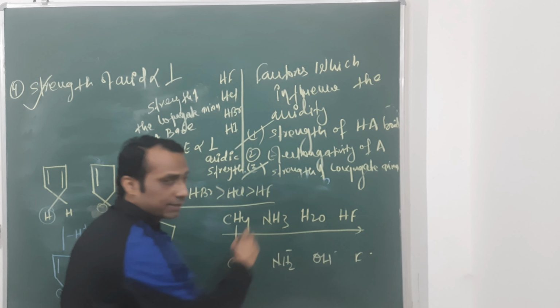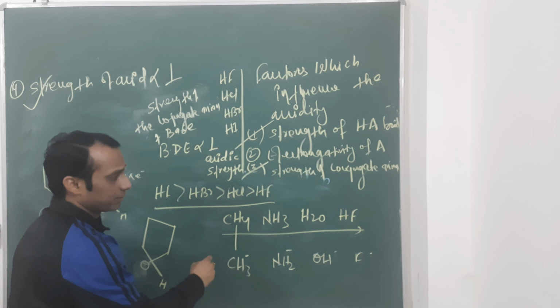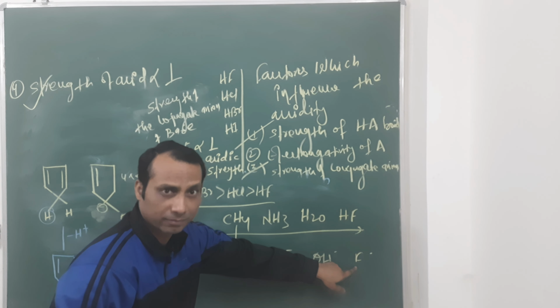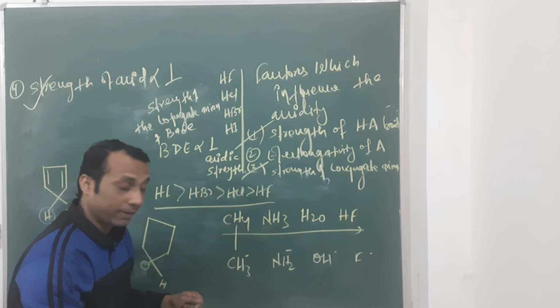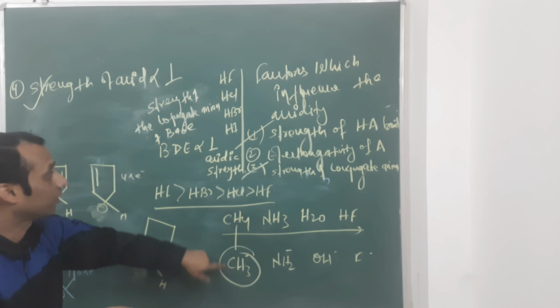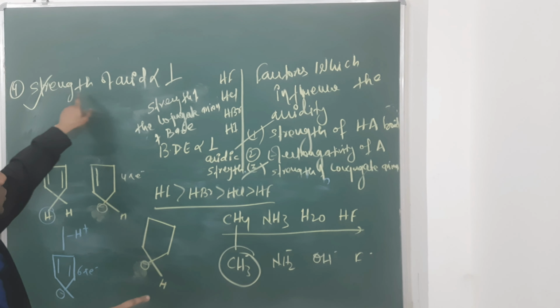If it is a strong acid, its conjugate, here F minus, is a weak base. Correct? So which is the stronger base? This is the stronger base. Therefore, if the base is stronger, it is inversely proportional to the acidic strength.